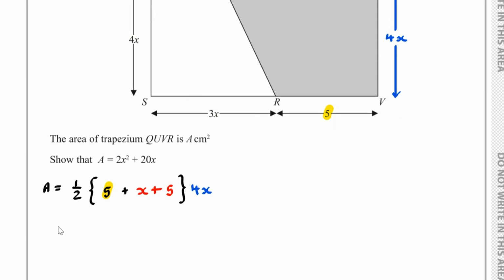So if I work this out, 1/2 times 4x is 2x, and then inside the bracket I've got x plus 10. And if I expand out, I end up with 2x squared plus 20x.